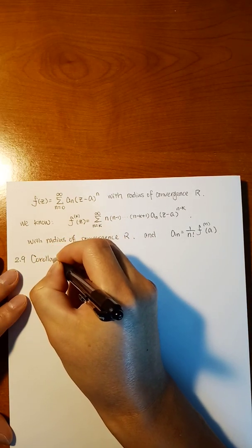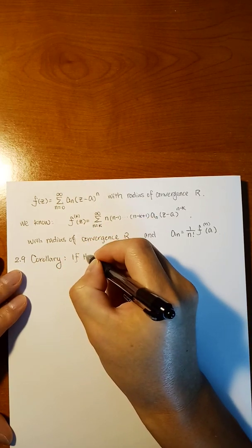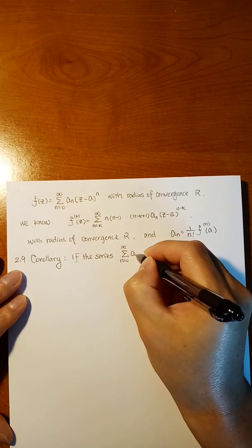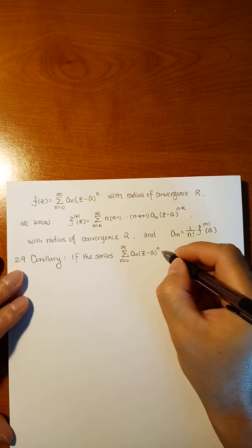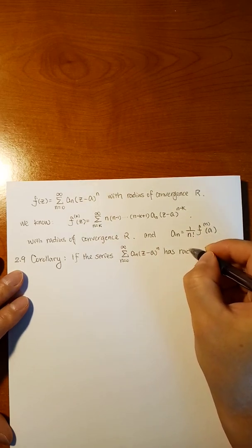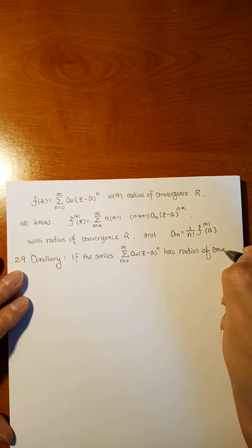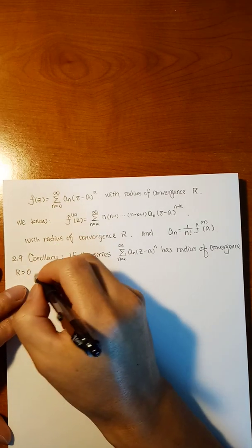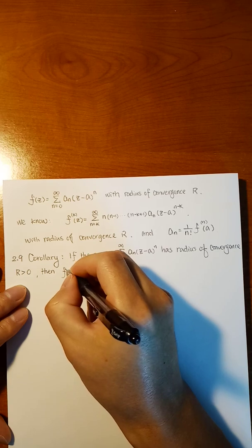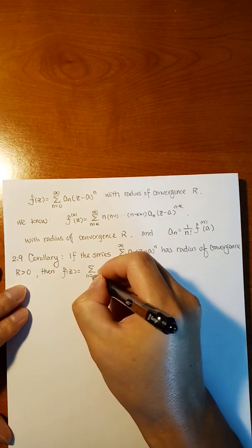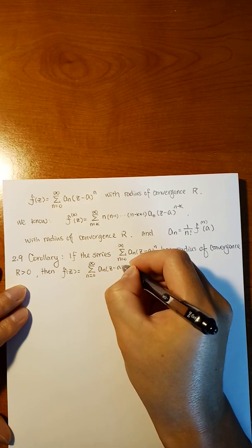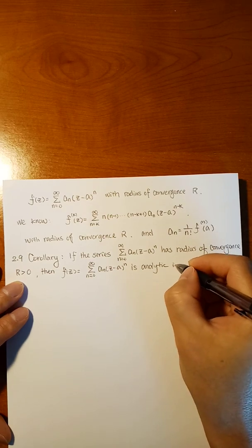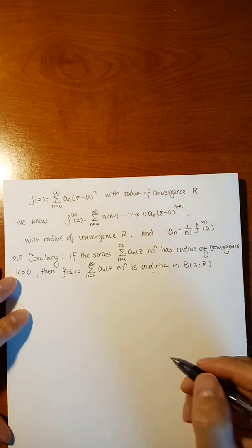So corollary: if the series sigma n from 0 to infinity a sub n (z minus a) to the nth power has radius of convergence R greater than 0, then f of z as a function is analytic in this open disk centered at a with radius R. Right?